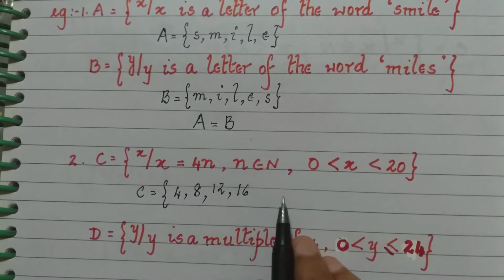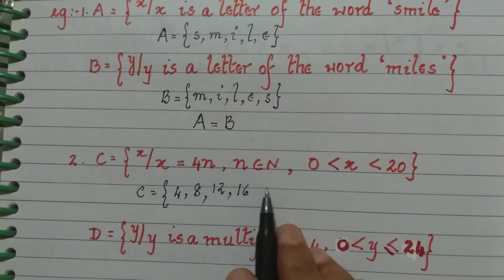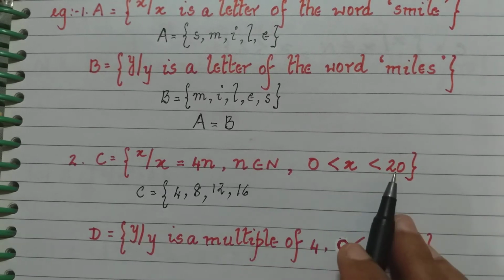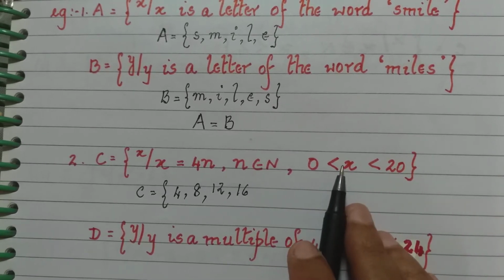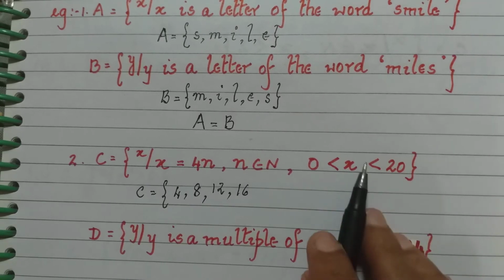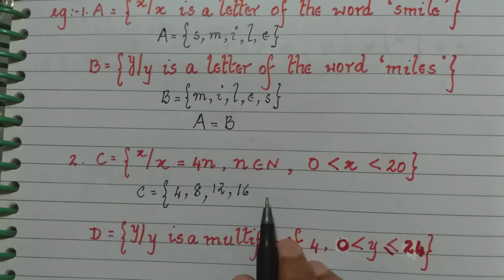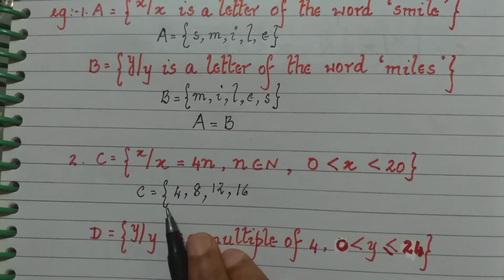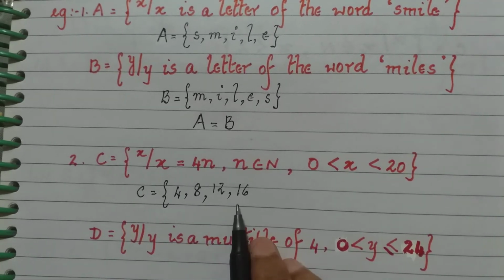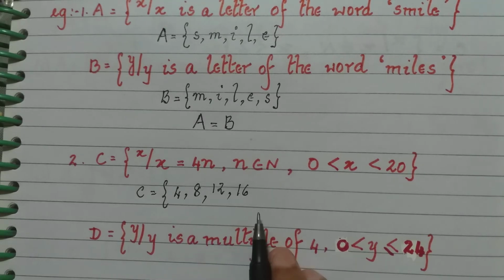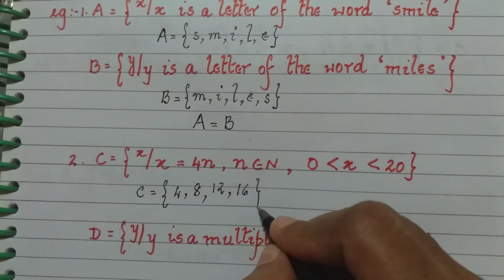So can I write 20 here? If I write 20, x will be equal to 20, but x has to be lesser than 20. So I cannot include 20 here. So this set C will have only the elements 4, 8, 12 and 16.